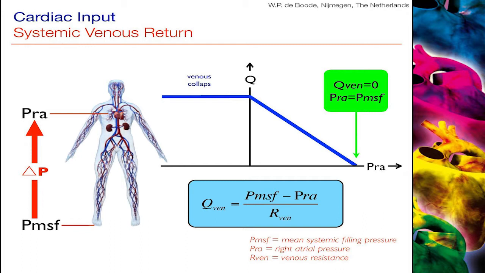There is a maximum when the right atrial pressure is at 0, because a venous collapse will occur with a lower right atrial pressure, and there's no more increase in venous return. Interesting is that at the point when there's no venous return, right atrial pressure must be equal to the mean systemic filling pressure.